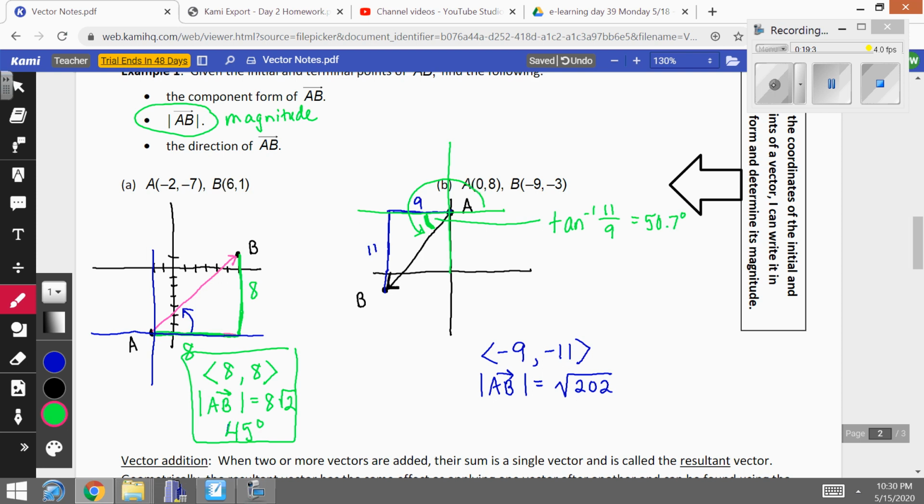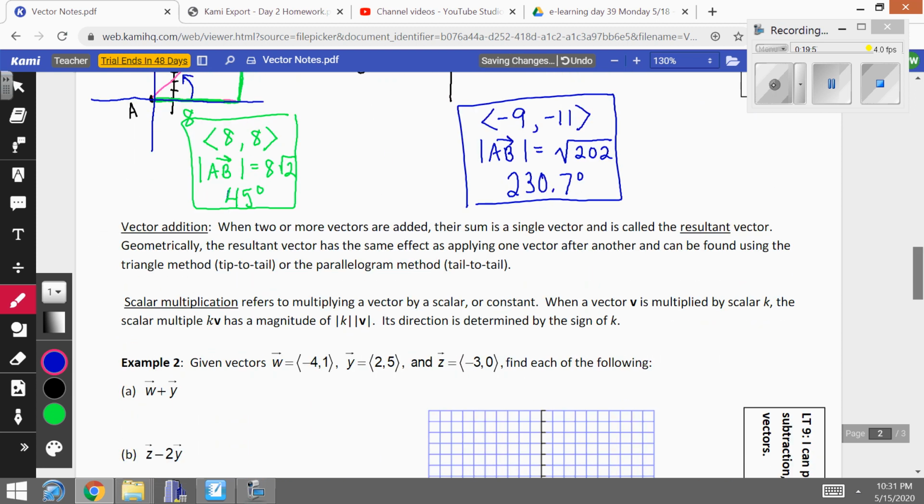So that angle in there, I shouldn't write so sloppy, sorry, is 50.7 degrees. So we need to know 180 plus that. I'll write that down, plus the 50.7 degrees, and that gives us our direction of 230.7 degrees. Okay? All right.